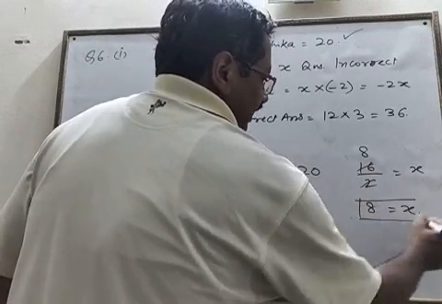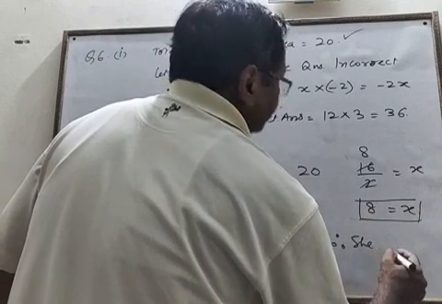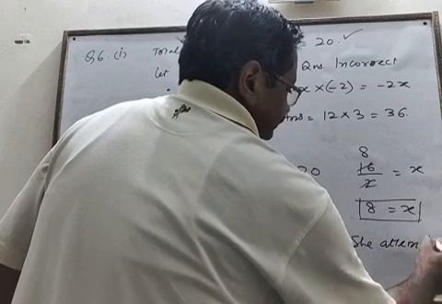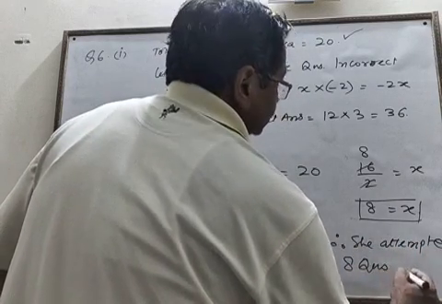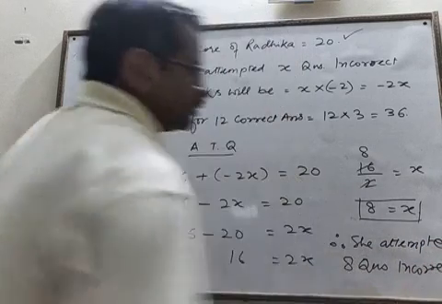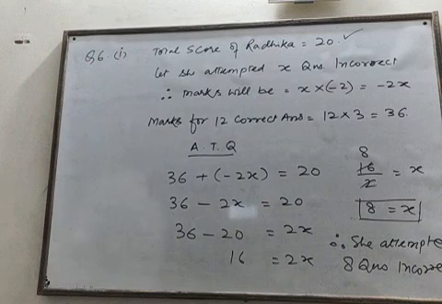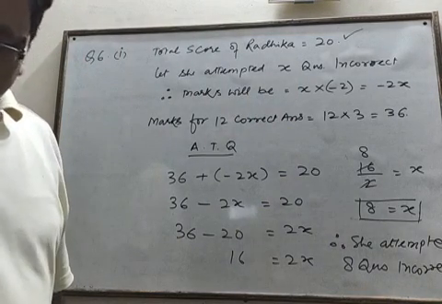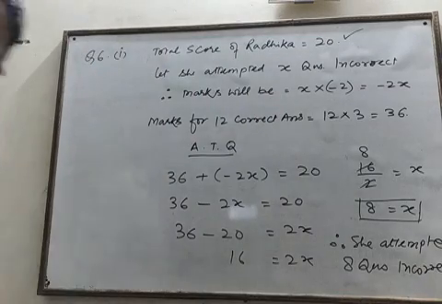So x is 8, therefore she attempted 8 questions incorrect, or 8 questions are attempted incorrectly. Similarly, the second part you will do by your own. Now come to question number 7.